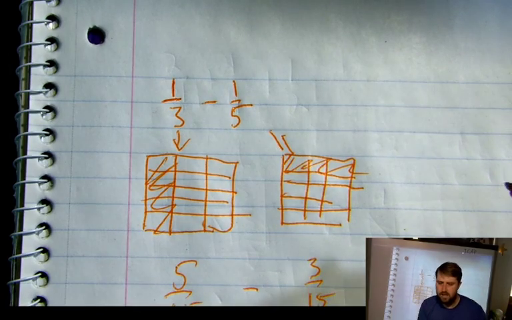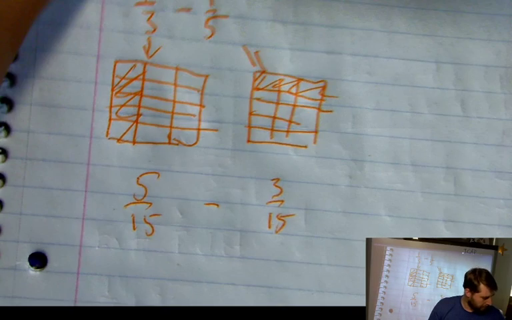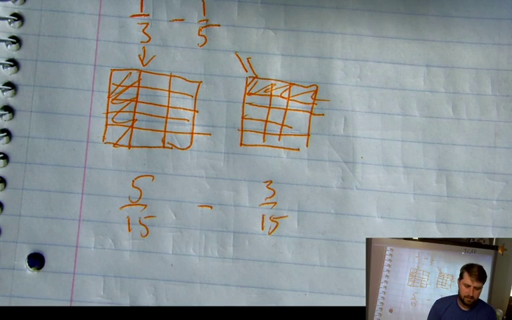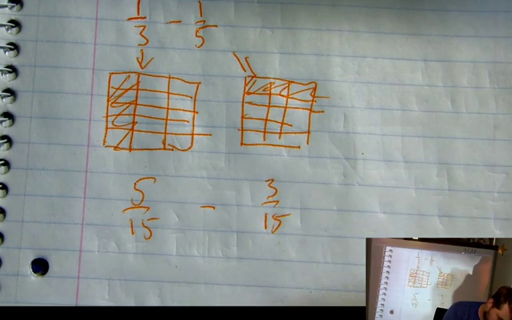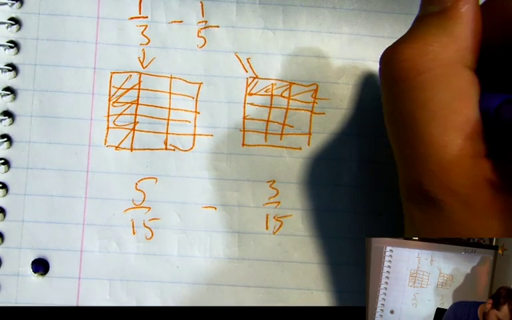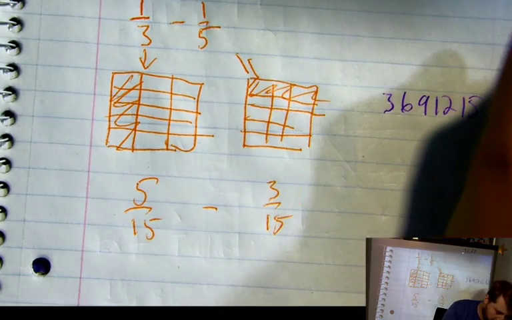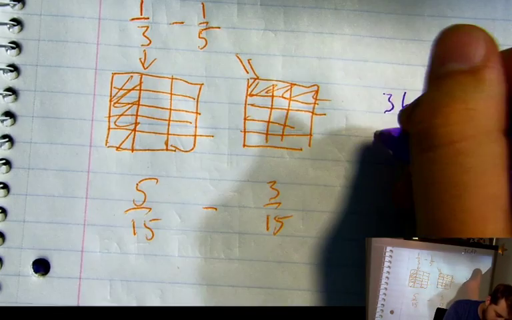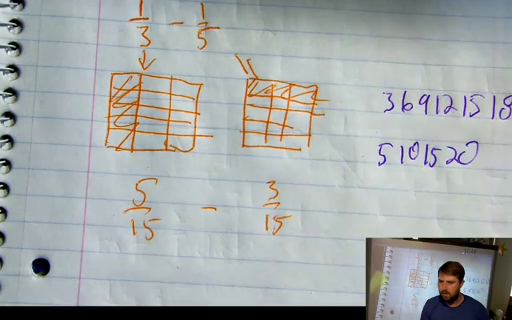But if we did the same sort of thing that we did when we were adding fractions with unlike denominators numerically, we could list out our multiples, 3, 6, 9, 12, 15, 18, and so forth, and also 5, 10, 15, 20, and so forth.